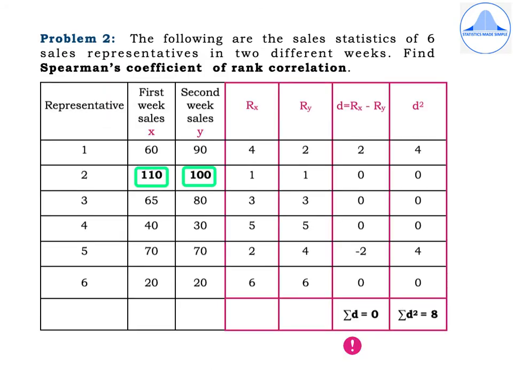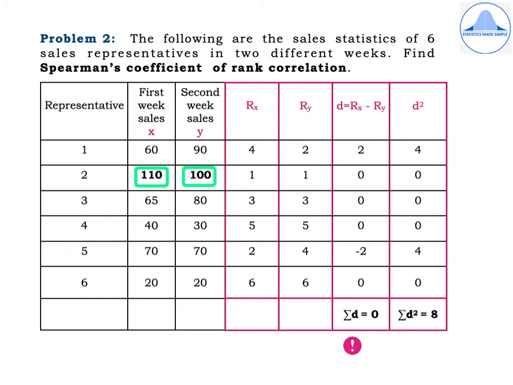Problem 2. The following are the sales statistics of 6 sales representatives in 2 different weeks. Find Spearman's coefficient of rank correlation. Representative 1, 2, 3, 4, 5, 6. First week sales 60, 110, 65, 40, 70, 20.